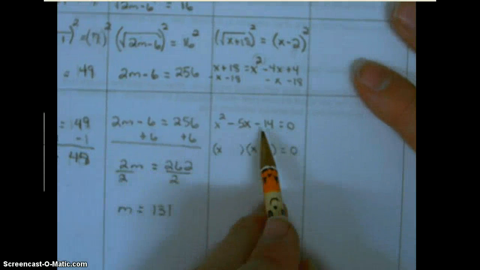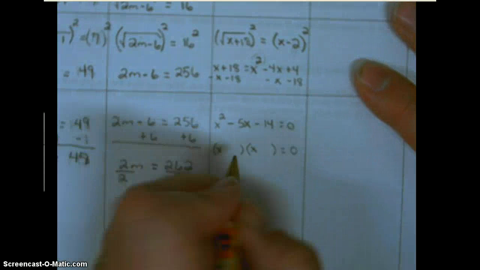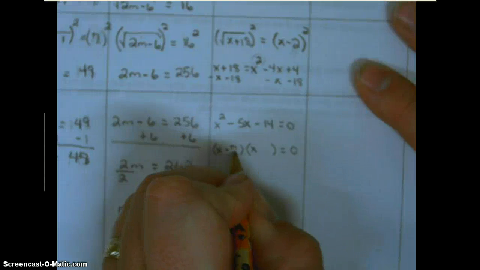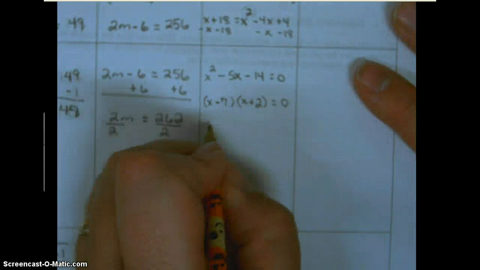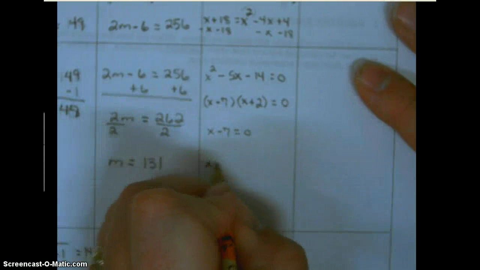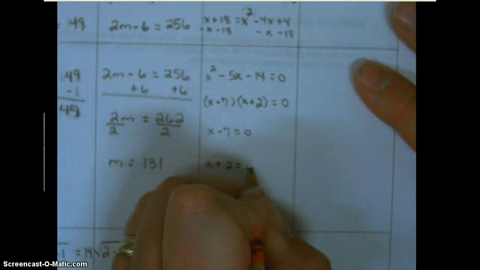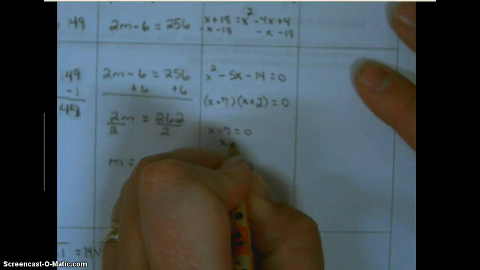So two numbers that multiply to give us negative 14 and add to give us negative 5, that's going to be negative 7 and positive 2. Then we need to solve each one. So x minus 7 equals 0. x plus 2 equals 0. Remember, that is the zero product property. So one solution is x equals 7.